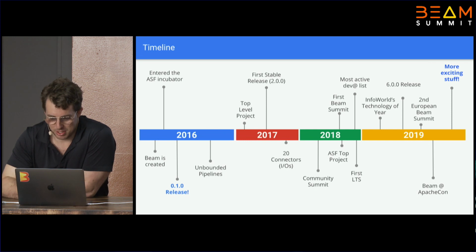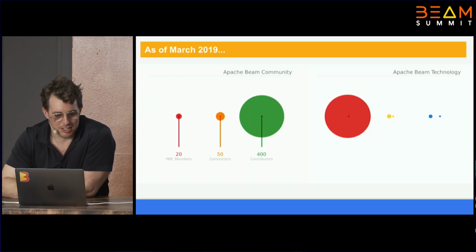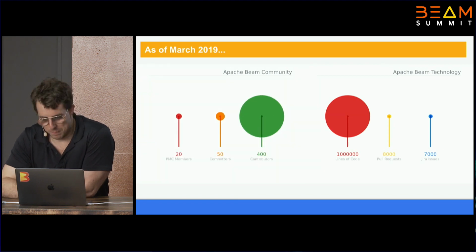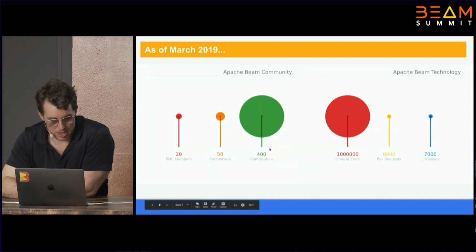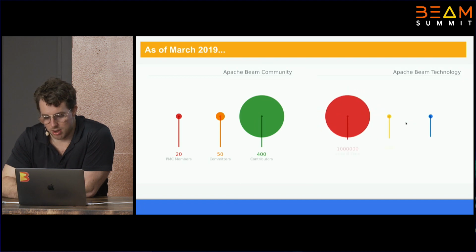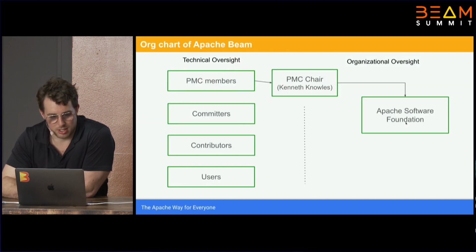So by the end of this, you'll also know all of the outlets where you'll get information about that along the way. Took this slide from a while ago. It's still recent, so seemed good enough. A decent sized base of 20 PMC members, currently about 50 committers, 400 contributors, a bunch of lines of code, pull requests, and Jira.